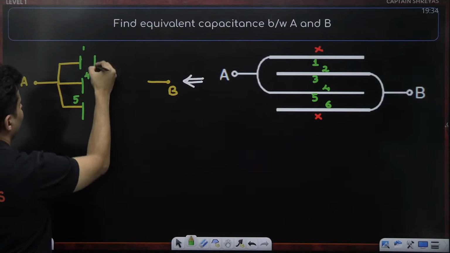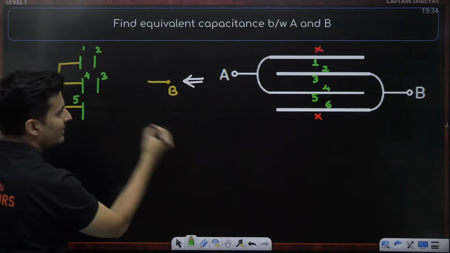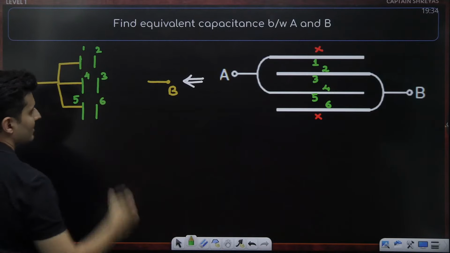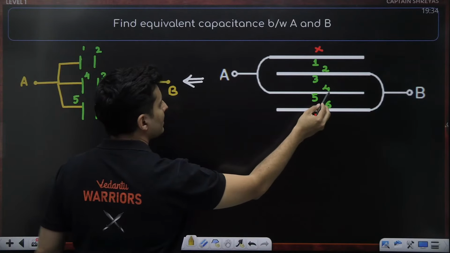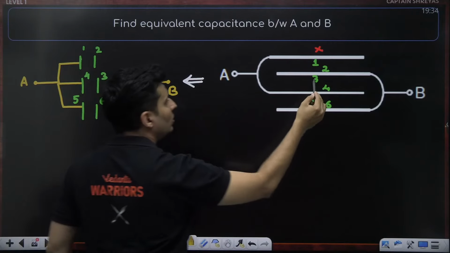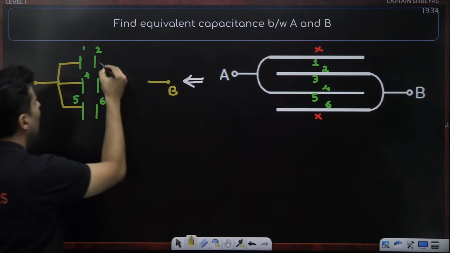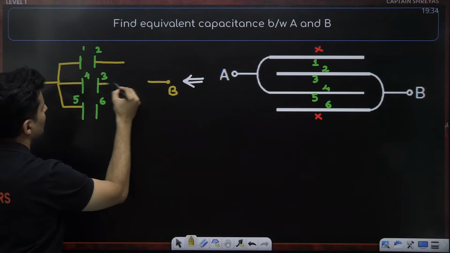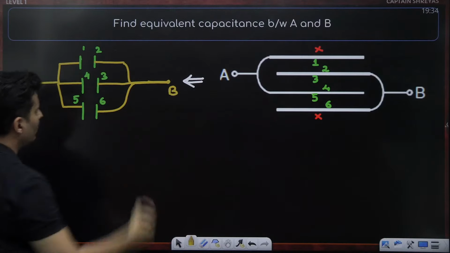Opposite 1 we have 2. Opposite 4 we have 3. Opposite 5 we have 6. Where are they connected? 2, 3 and 6. Do you see 2, 3 and 6? They are all connected to point B.